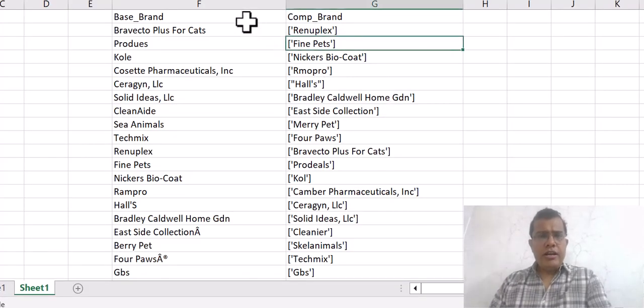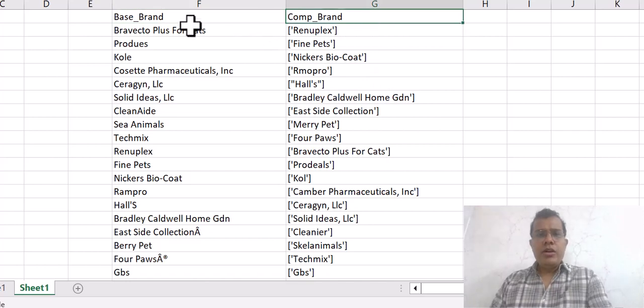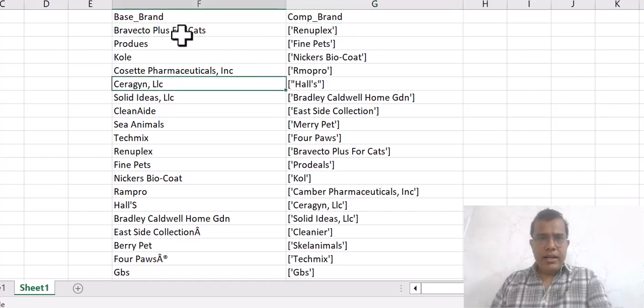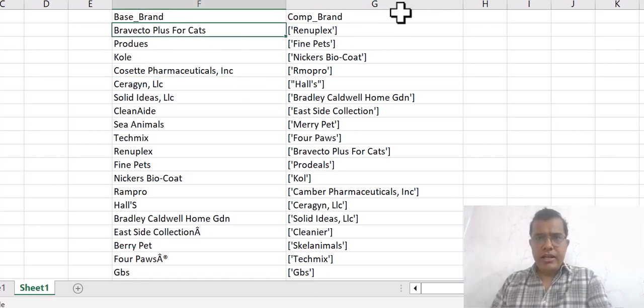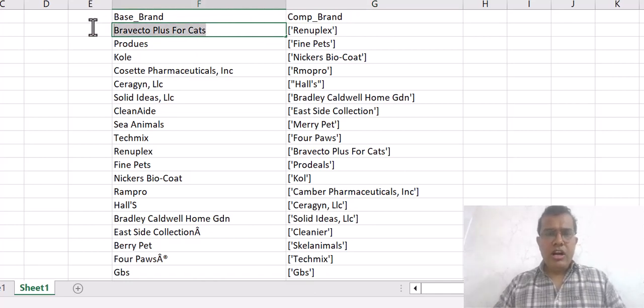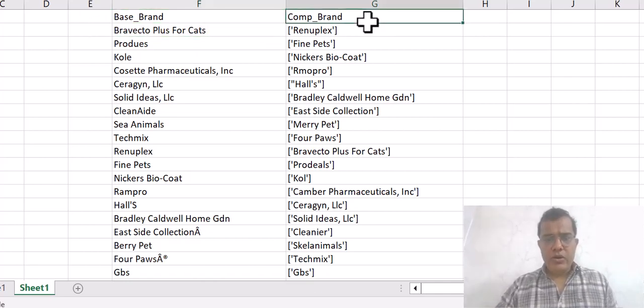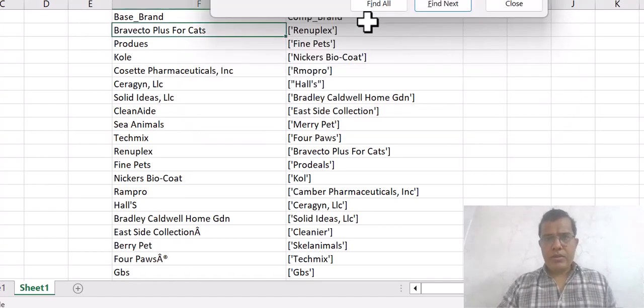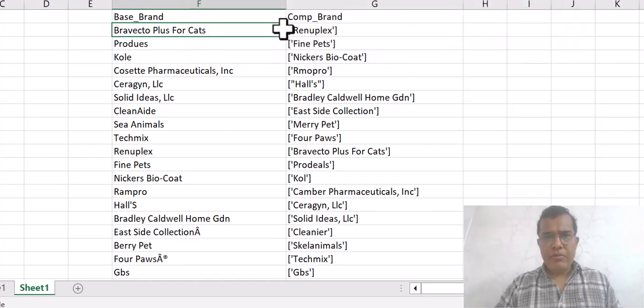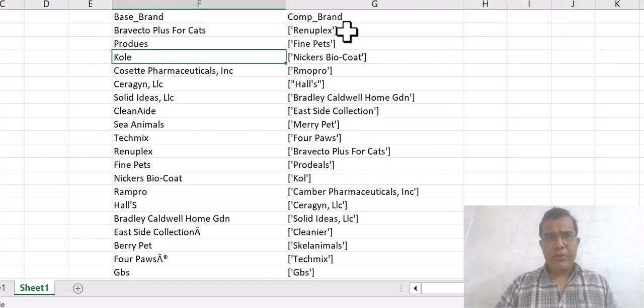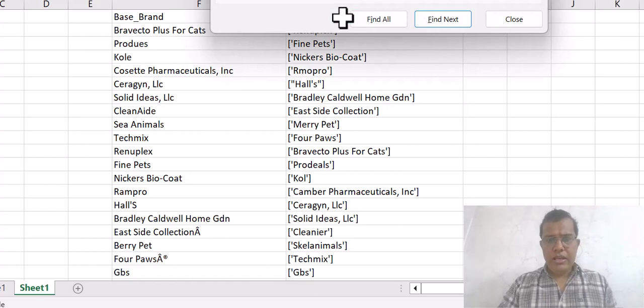First of all, let me explain the use case, what we are trying to do. I have two columns. One is my base brand, another is my competitor's brand. Now, for example, is this brand present in column G? The brand might be present in column G, but it may not be present with the exact name. So for example, KOLE.